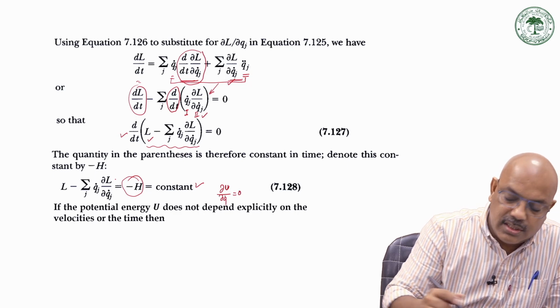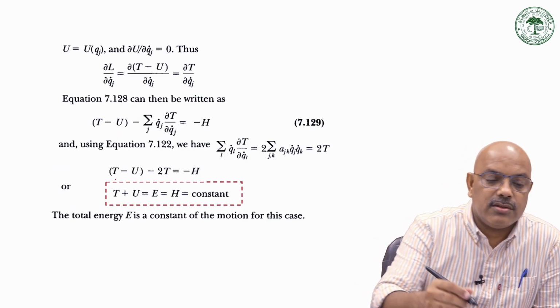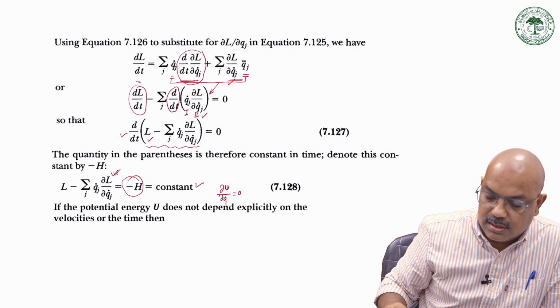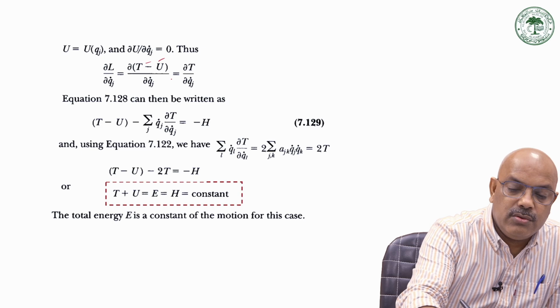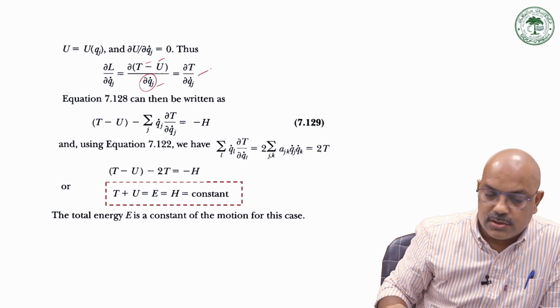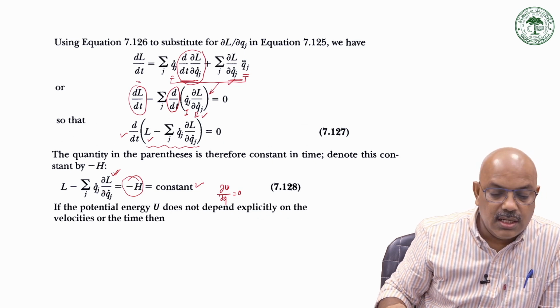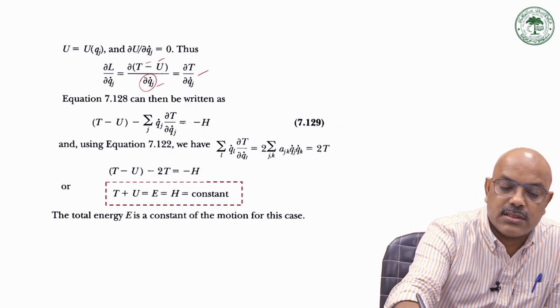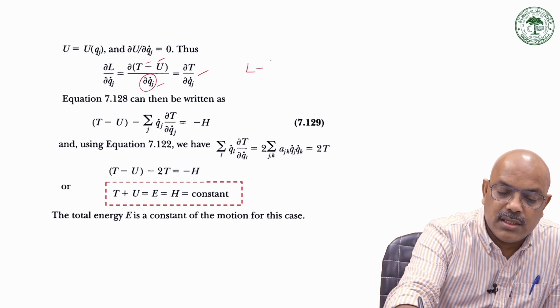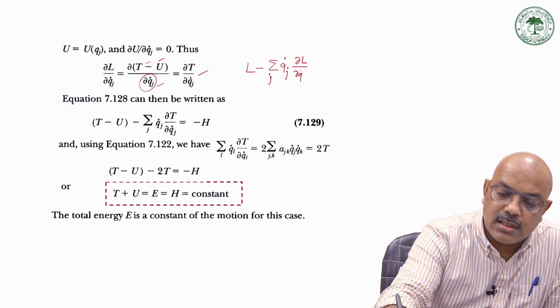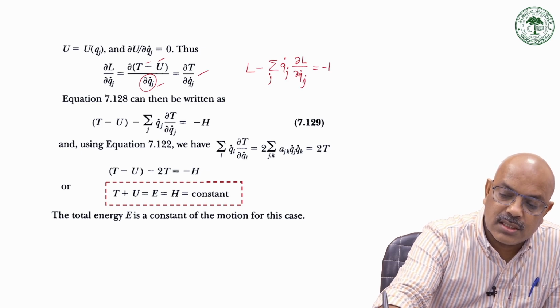So in this case, L is T minus U, and this U is independent of the velocity, so you have ∂T/∂q̇j. So this equation is L minus the sum over j of q̇j ∂L/∂q̇j, and that was minus h.